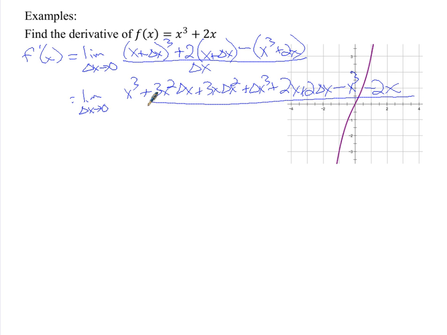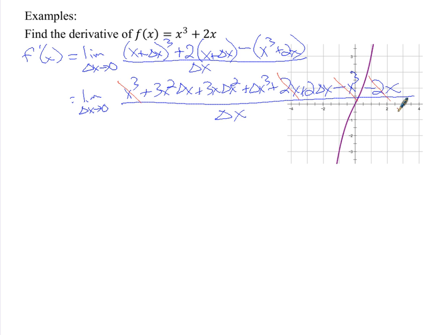All of that is divided by delta x. That's it? Yep. The x cubed minus x cubed is gone. What else goes away? The 2x is gone. Anything else?